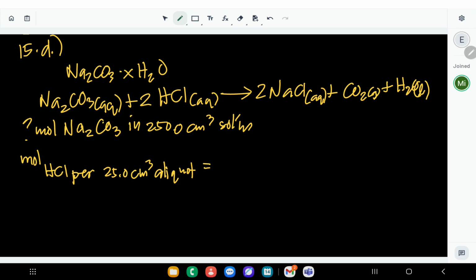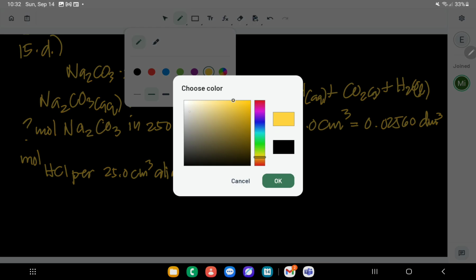So we convert that first. 25.6 cubic centimeters, we convert that to cubic decimeters. This is 0.02560 cubic decimeters.